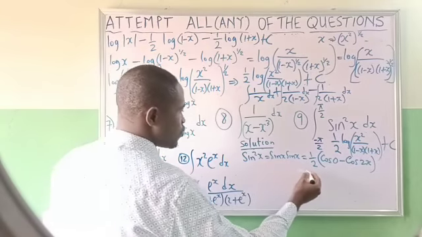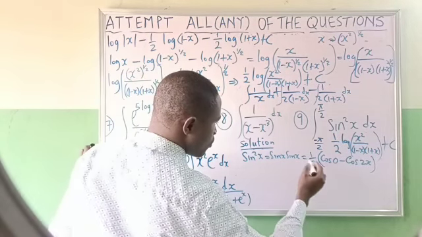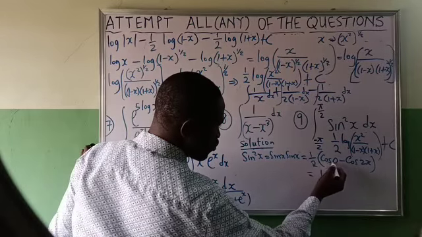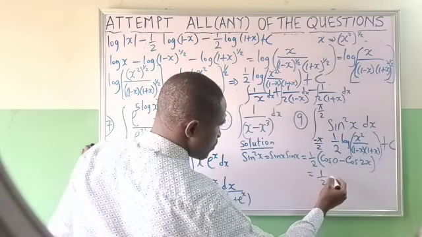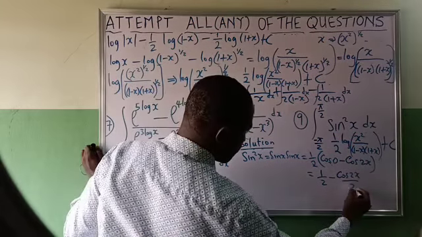Sine square x will now be equal to, cos 0 is 1, will now be equal to 1 over 2 times cos 0, which is 1, minus cos 2x all over 2.